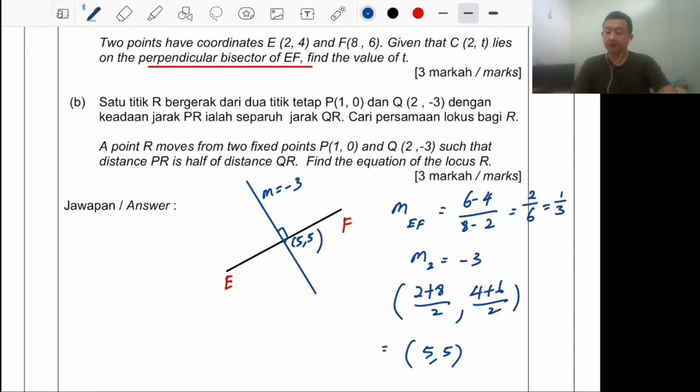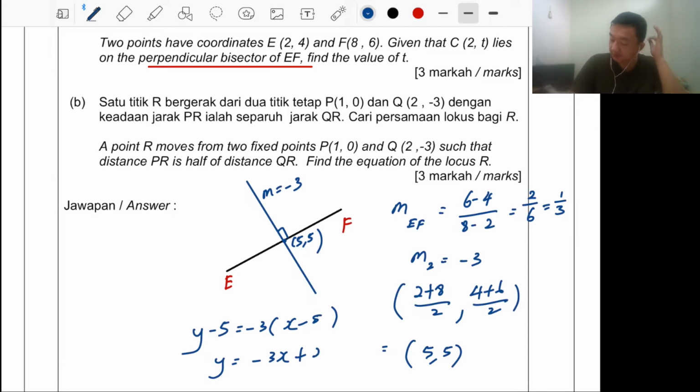Okay, now you have the gradient, you have one coordinate, you can form the equation already. So equation y minus 5 equals negative 3 (x minus 5). y equals negative 3x plus 15 plus 5, so it should be 20. So this is the equation.